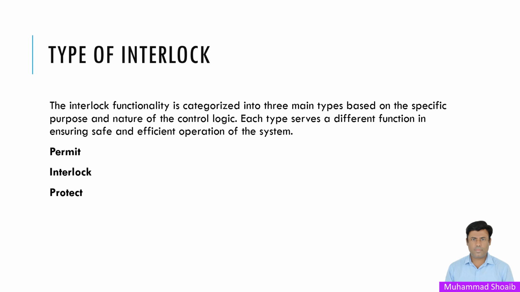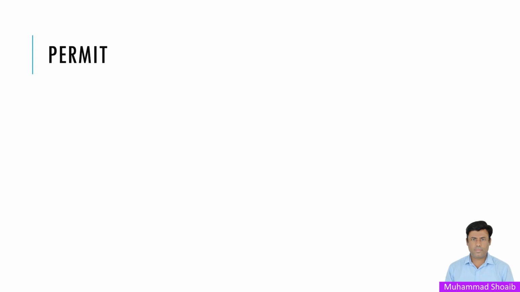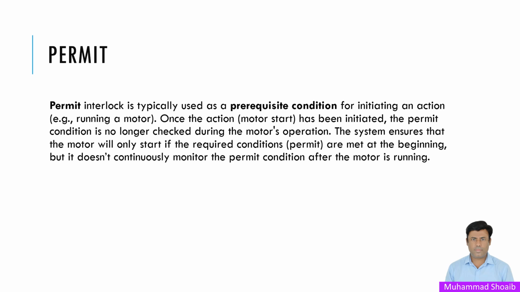So what is a permit? A permit interlock is typically used as a prerequisite condition for initiating an action, like running a motor. Once the action, like the motor starting, has been initiated, the permit condition is no longer checked during the motor operation.